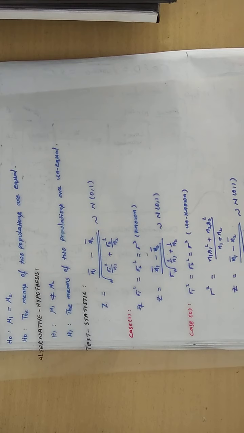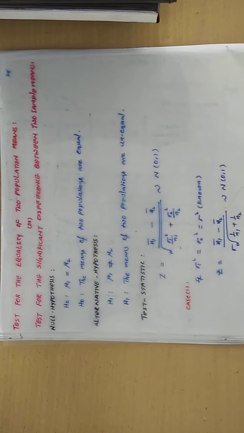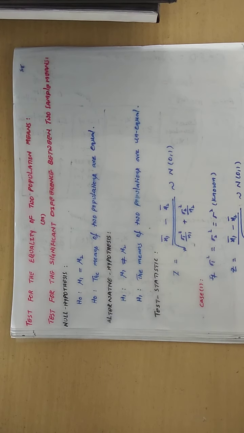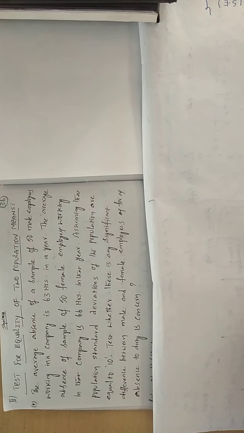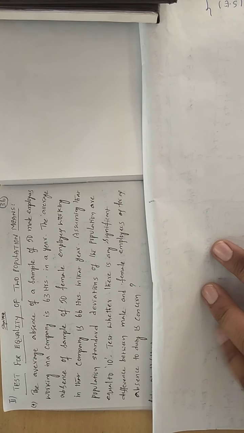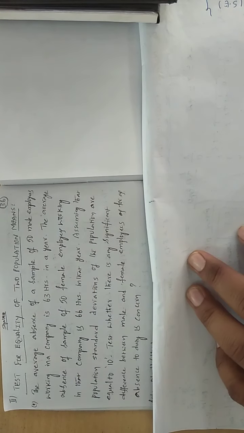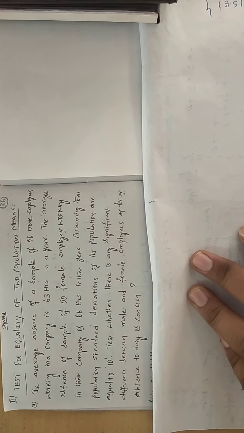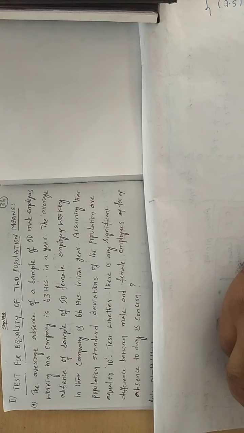So this is the test procedure. Now you go for an example. Now look at this example. The average absence of a sample of 50 male employees working in a company is 63 hours in a year. The average absence of a sample of 50 female employees working in that company is 66 hours in that year.